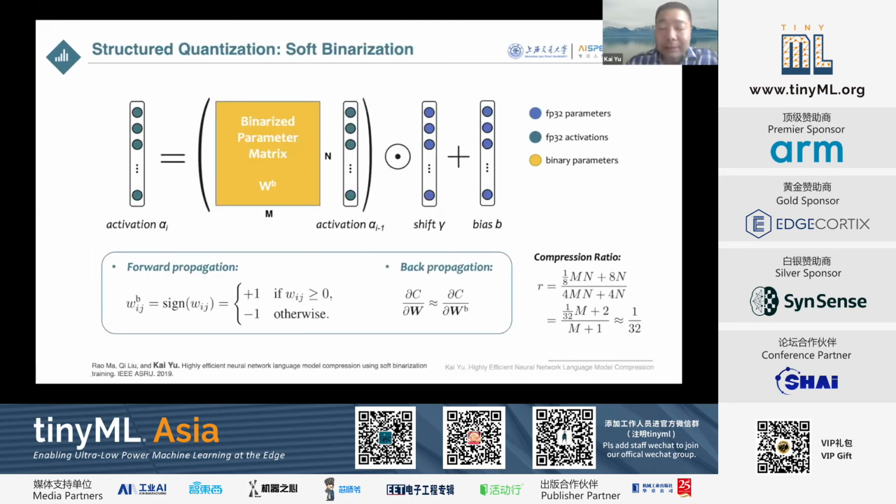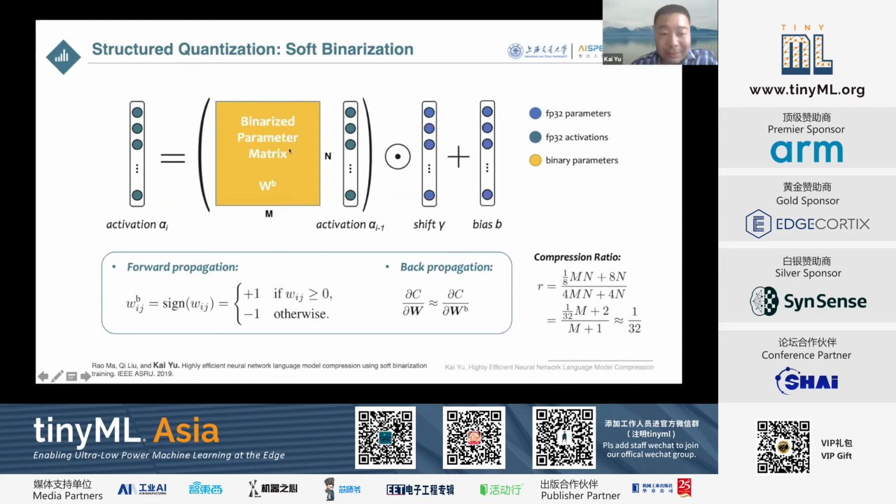And we can combine product quantization with even more quantization methods like binarization. So let's first talk about binarization a little bit. Binarization basically means we want to use a binarized parameter matrix. But to recover the performance, we don't want to binarize every single parameter.